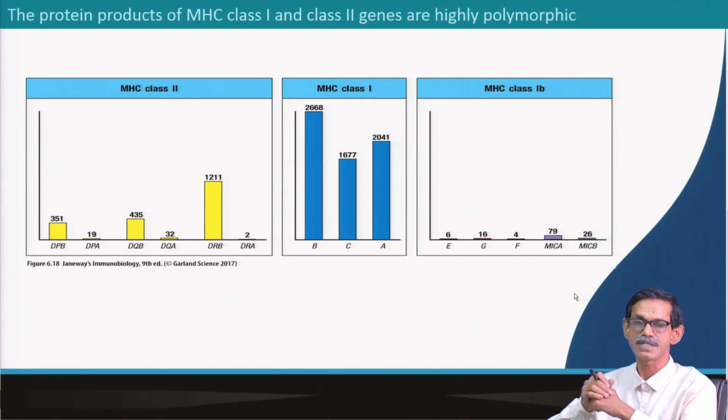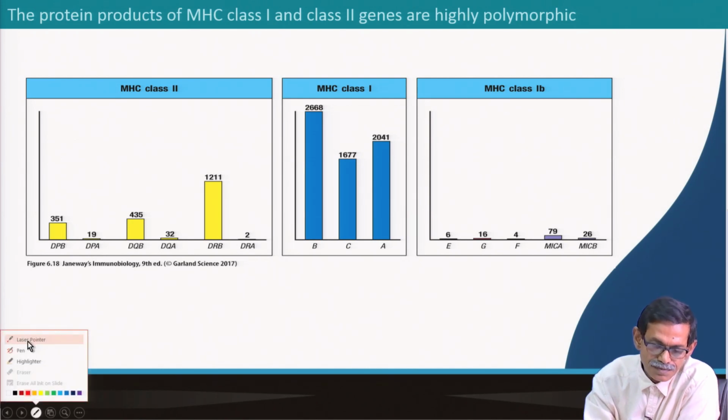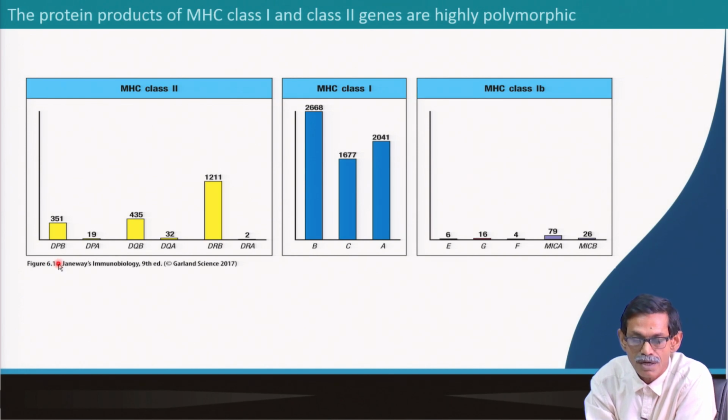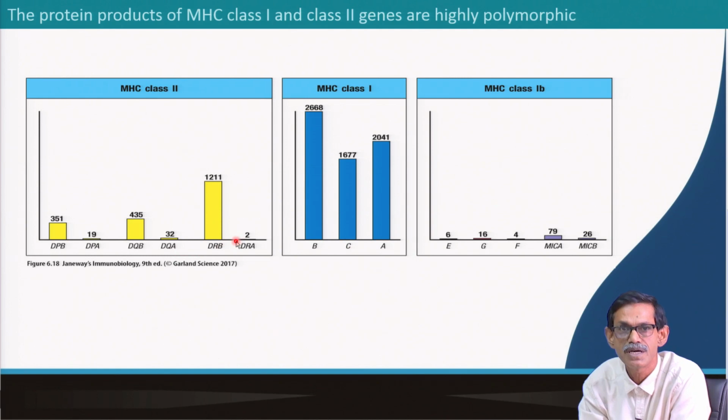So, different numbers are there. If we see, this is MHC class 2. If you are not familiar with DPB, DPA, DQB, DQA, DRB, just assume for the time being that these are different MHC class 2 genes.